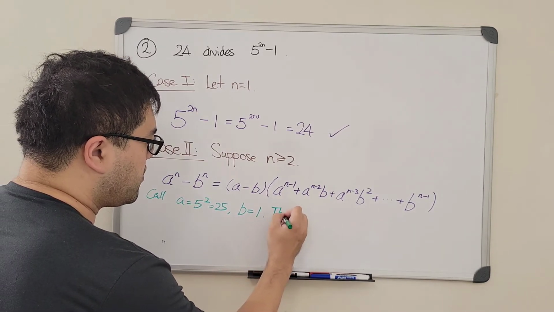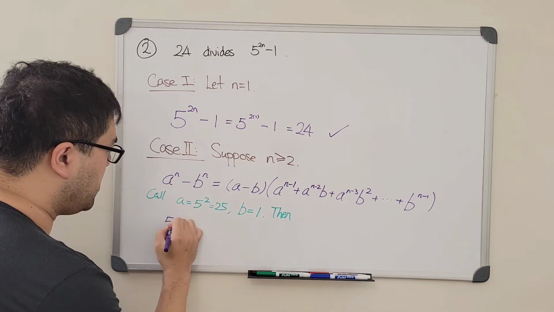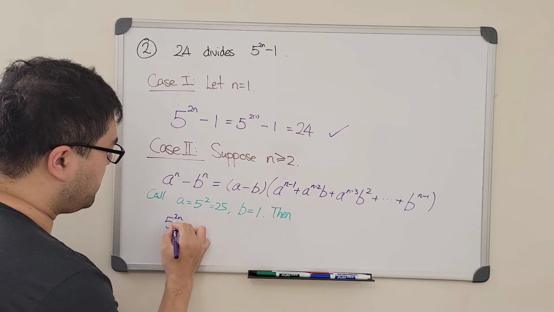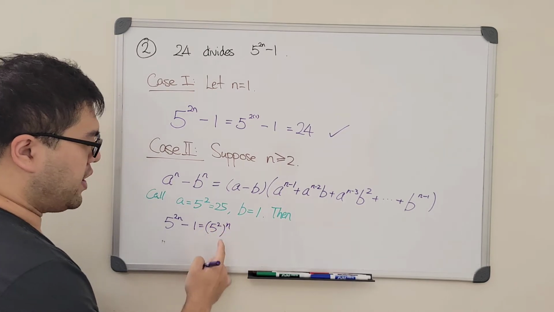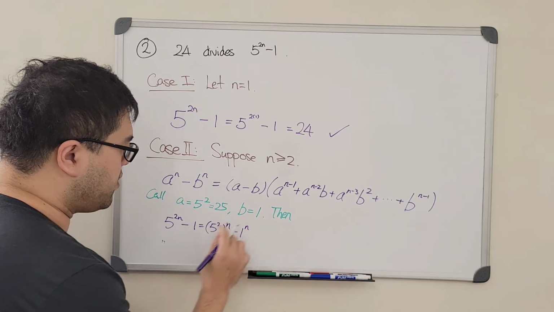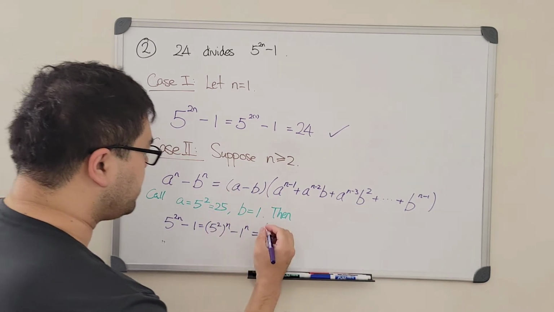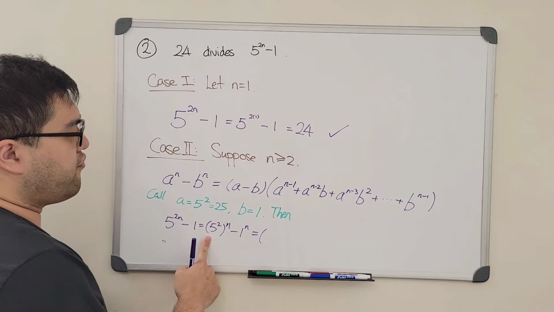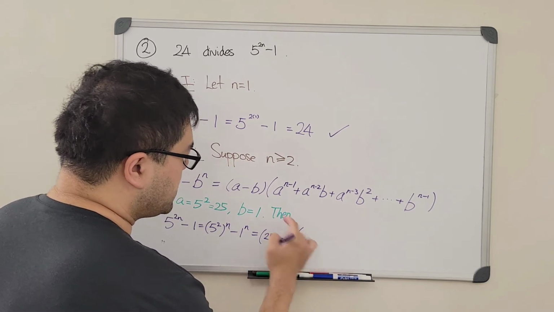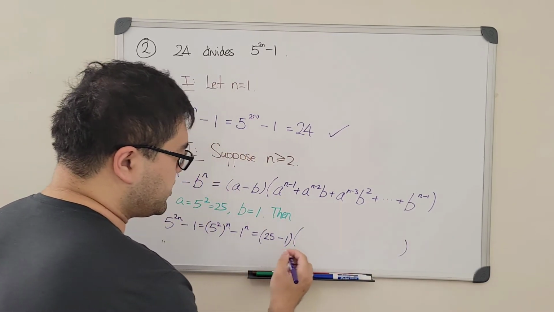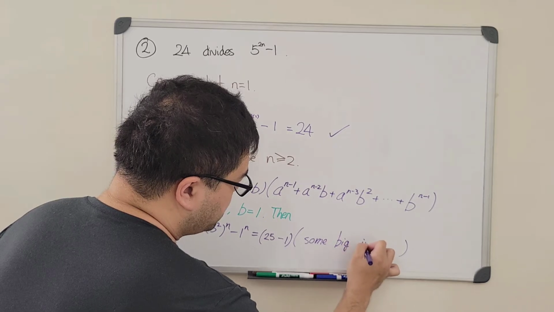Then let's finish the proof. By substituting in, we get the expression 5 to the 2n power minus 1, which can be written as 5 squared to the n power minus 1 to the n power, so that we get the a and b respectively, is equal to the expression a minus b, where a is 5 squared, which is 25, minus b, which is 1 here, and then we multiply with the other term, which is just some big integer.